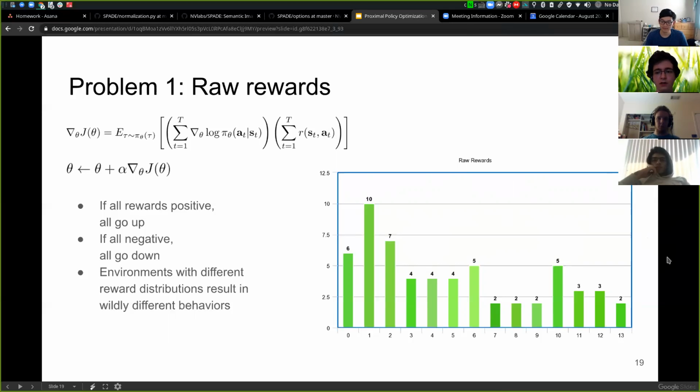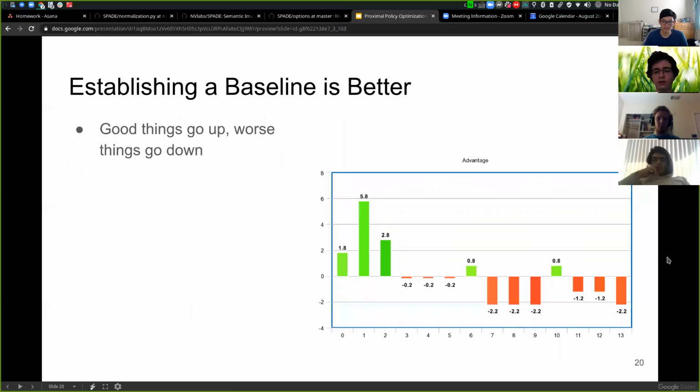There is one solution we can use for that, even for vanilla gradients, which is looking at some baseline and subtracting this baseline from every reward that we have. This way, you have some expectation of the reward you usually get with this policy.